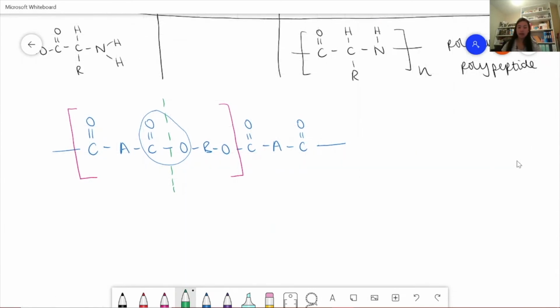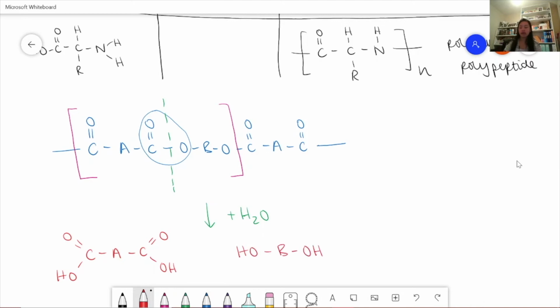And so if we add water, we will form C double bond O, OH, A, C double bond O, OH, and we'll also form OH, B, OH. And so we've managed to find the monomers from this polymer.